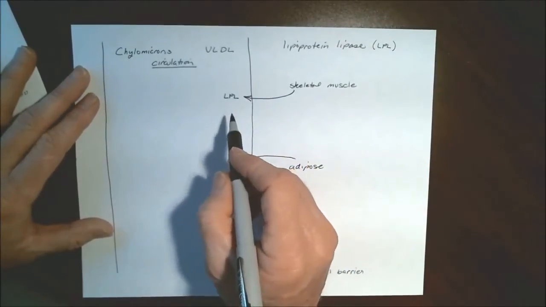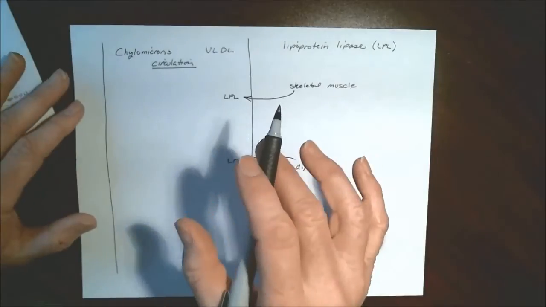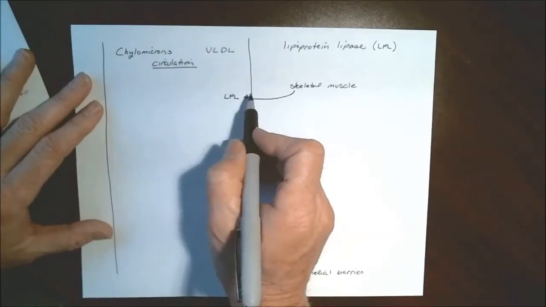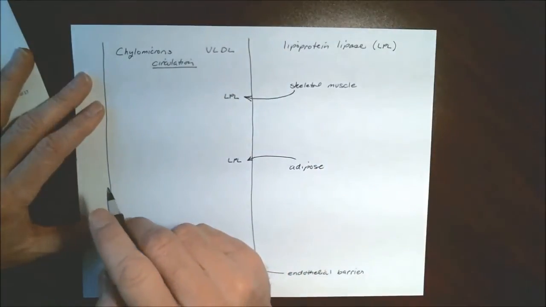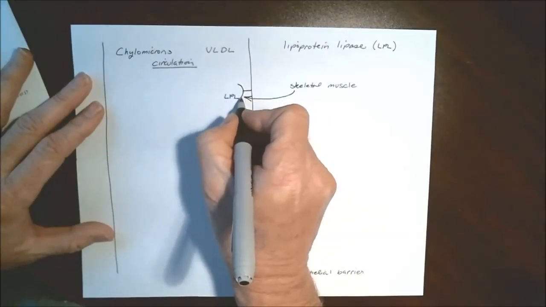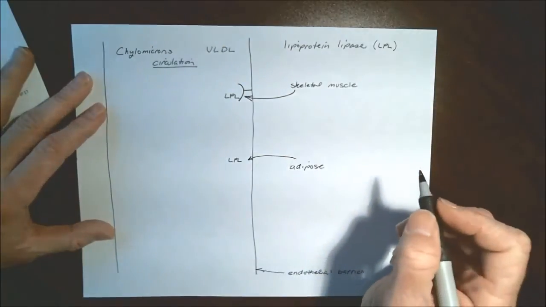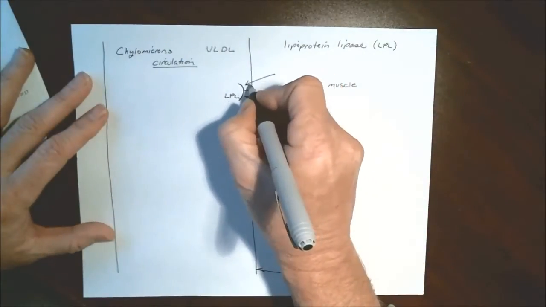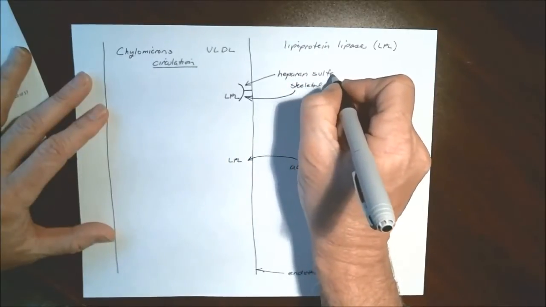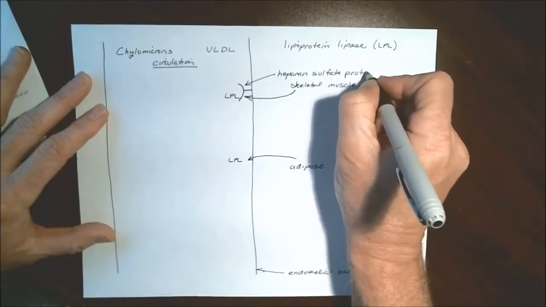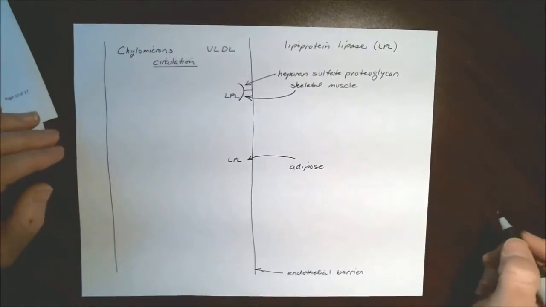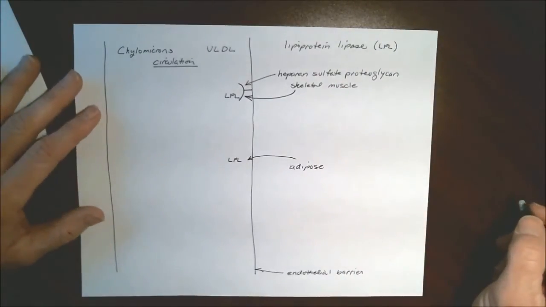So in order to localize this hydrolytic reaction within the tissue itself, we need to tether the LPL enzyme to the wall of the endothelial cell. And this is done by a specialized carbohydrate structure called heparan sulfate proteoglycan. This is a molecular structure that we haven't talked about yet in class.